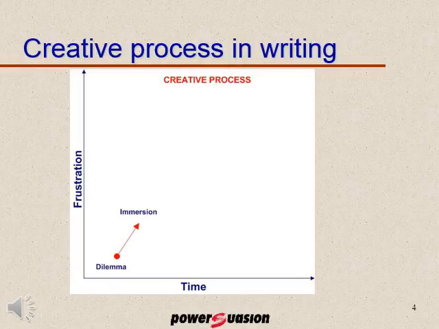This process of exploration is the content that gets loaded into our creative mind, and then our creative mind works out some possibilities. Now notice, as we are moving through this map, that frustration increases, because if we are in the creative process, we're basically flying blind, and we don't have easy answers.